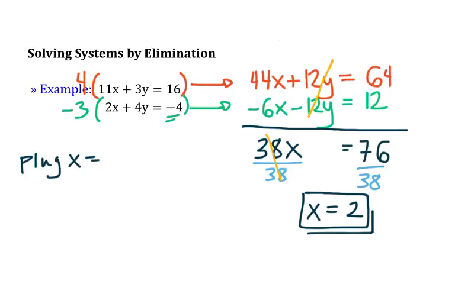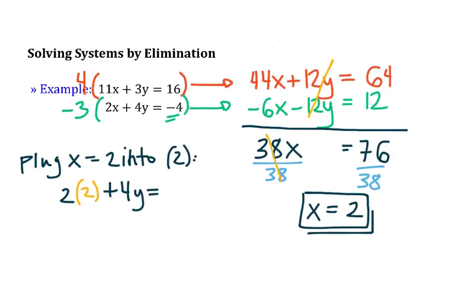So I'm going to plug x equals 2 into our second equation, and that's going to look like 2 times the value of x we just found, added with 4y is equal to -4. So I'm just plugging back into the second equation. And if I solve here, I have 4 plus 4y equaling -4. So I'll subtract 4 from both sides.